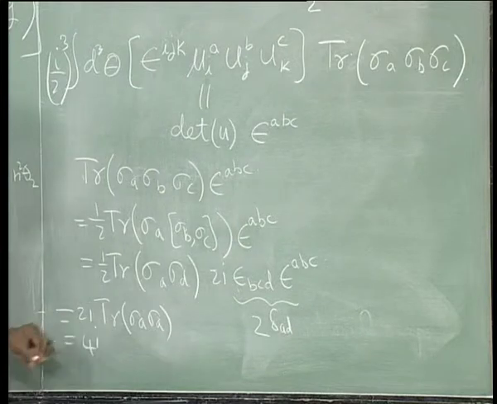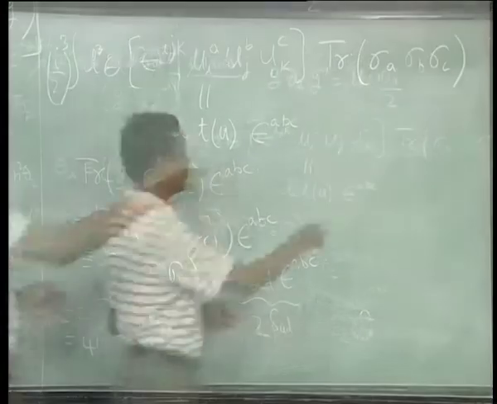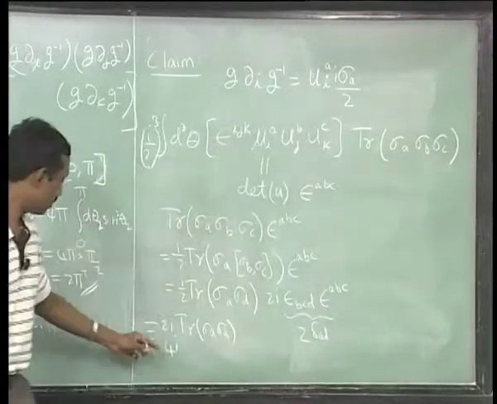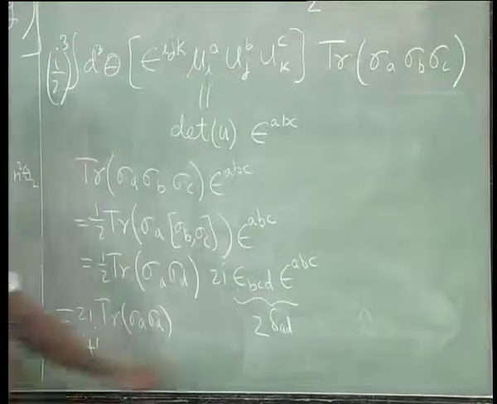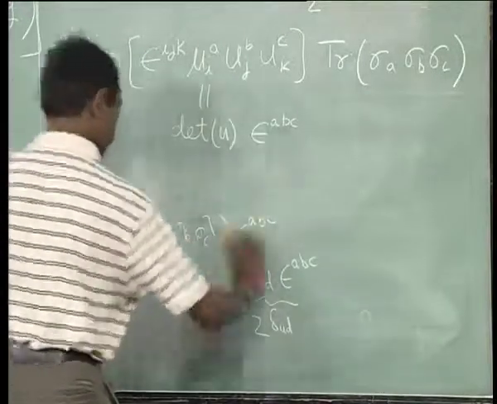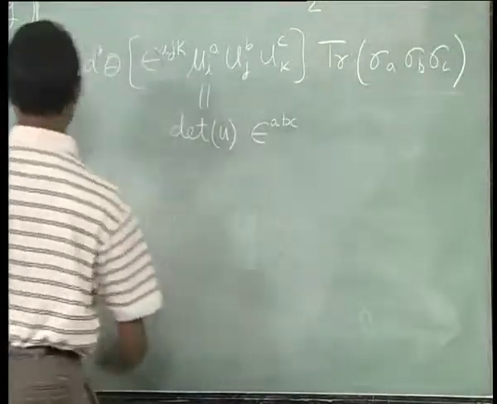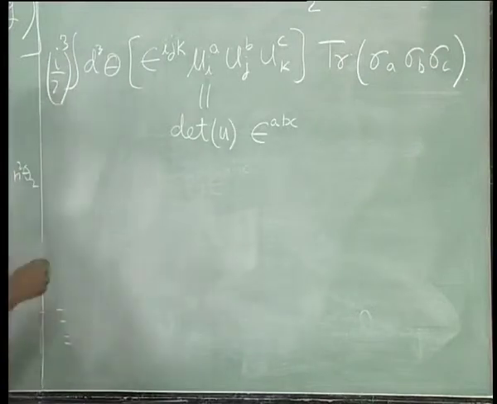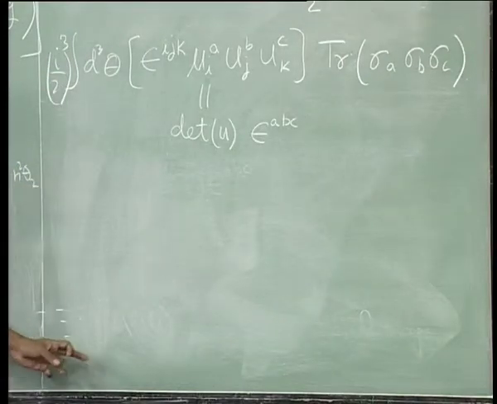Okay. Are we done? So, I am going to erase this part. All we need to remember is that this epsilon with this gives me a 4i. So, this i cubed will give a minus i, which will cancel with this. Which 3?